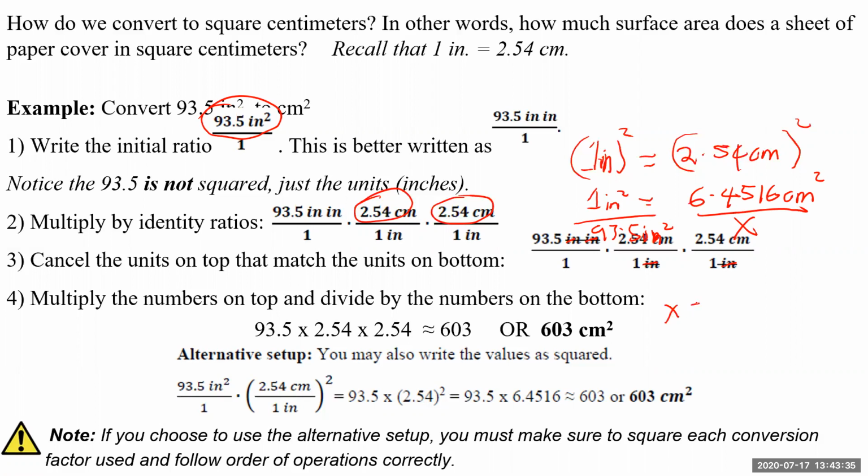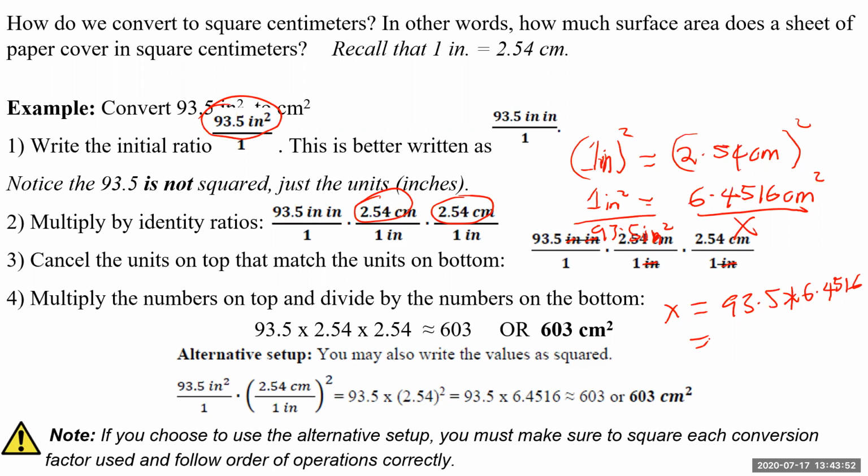So our x literally is 93.5 times 6.4516. And we know that our answer should be in cm squared.